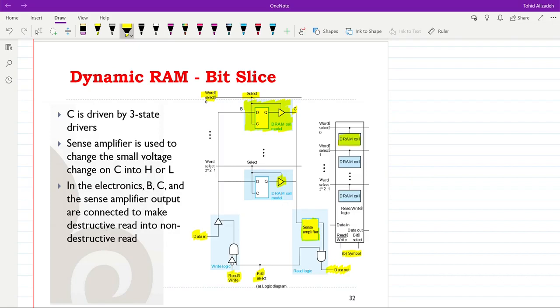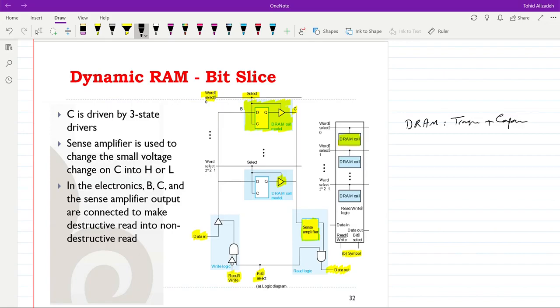However, one thing to keep in mind is that for the dynamic RAM, each cell is constructed using a transistor plus a capacitor. While for the SRAM, there's no capacitor, but the number of the transistors which are used are more.